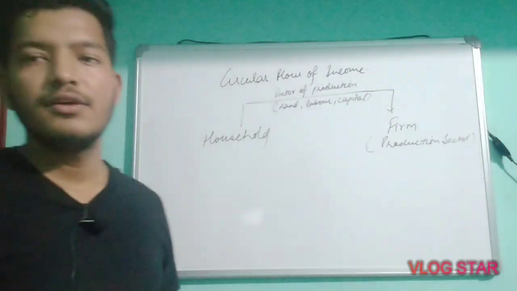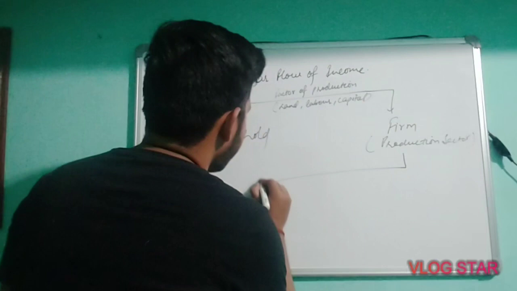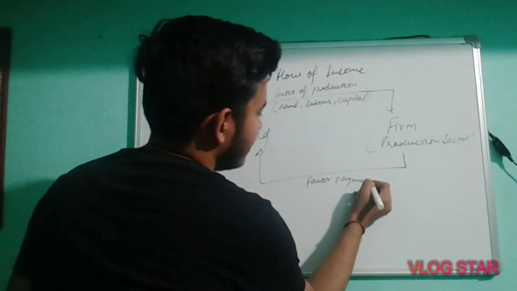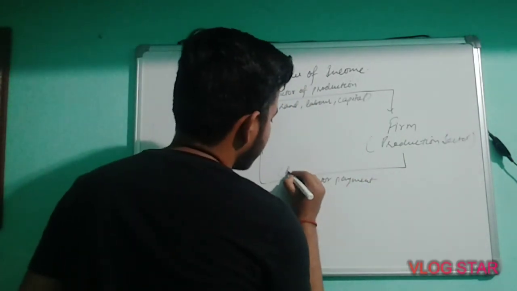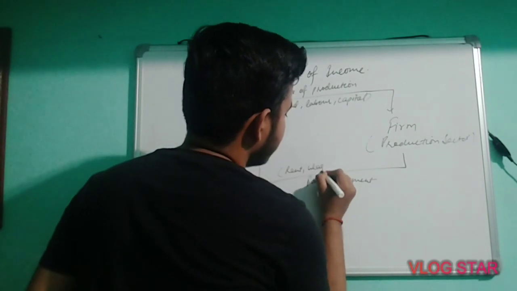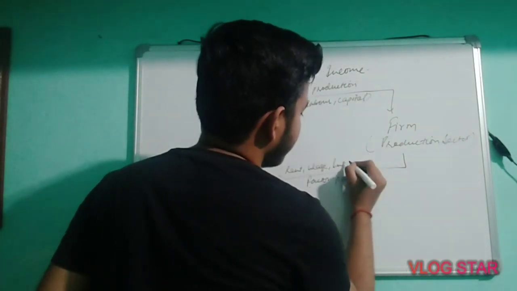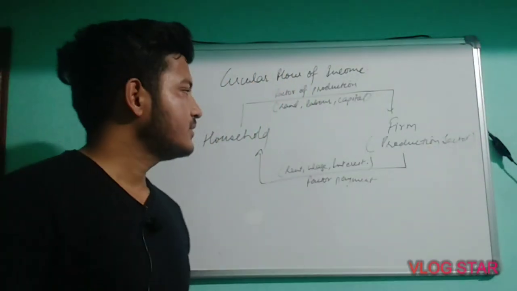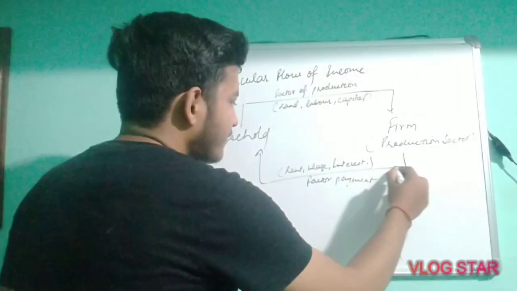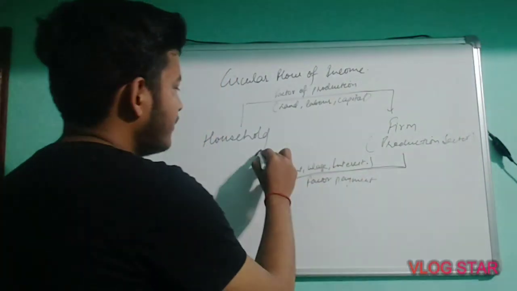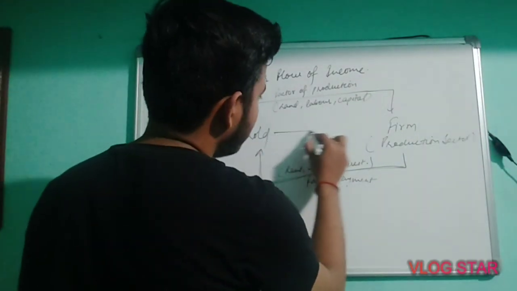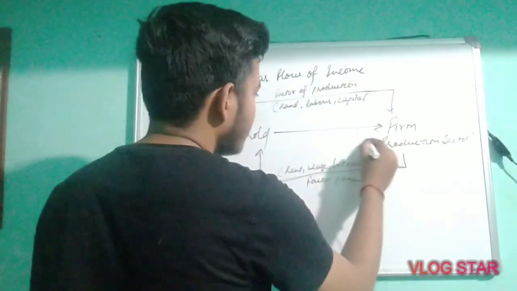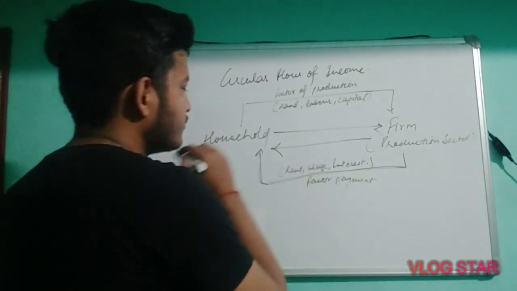And in return for this, firm gives factor payment in the form of rent, wage and interest. And after this, the firm gives the factor payment. From the same payment, household purchases goods and services of the firm, and firm gives goods and services to the household.